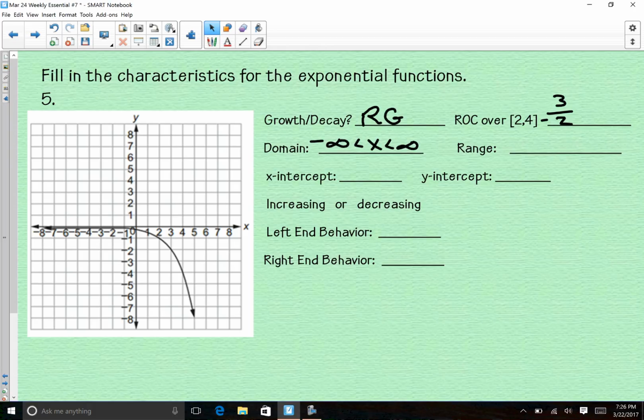Now the range. For students, this is sometimes the hardest. Now remember, range goes from bottom to top. Now if you look on the bottom of your graph, notice we have an arrow. Arrow means infinity, and it's pointing down, and our y's are going down there. So that's negative infinity, less than y, less than, and notice that this graph is approaching the x-axis, and on the x-axis, my y's are 0.